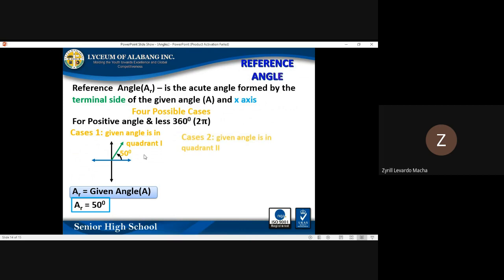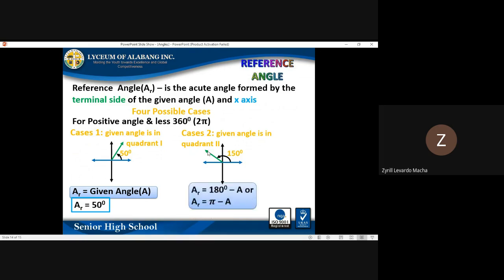If it's in quadrant 2, ayan, we have here the given angle 150 degrees since dalawang quadrant yung nagkaroon ng rotation. So we will subtract the given angle from 180 degrees.